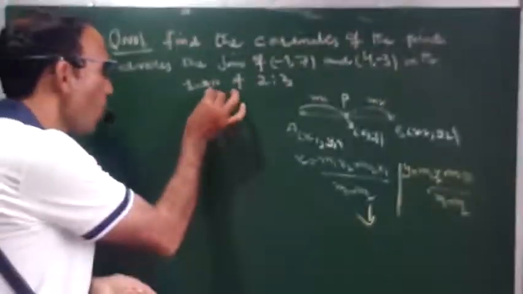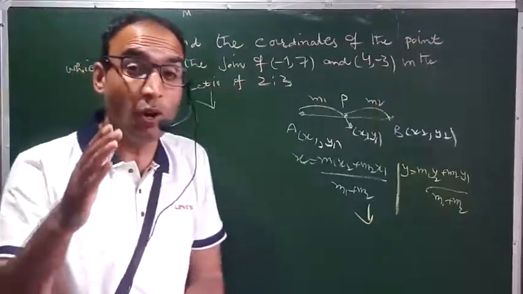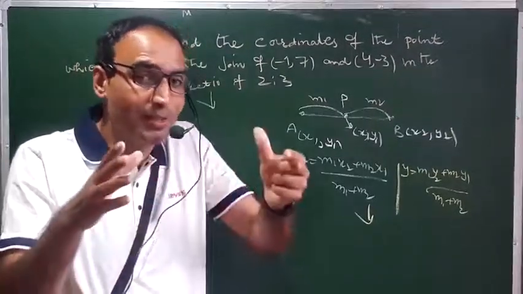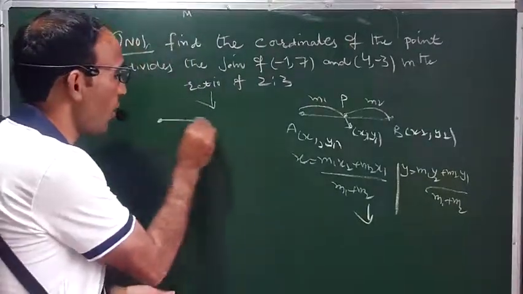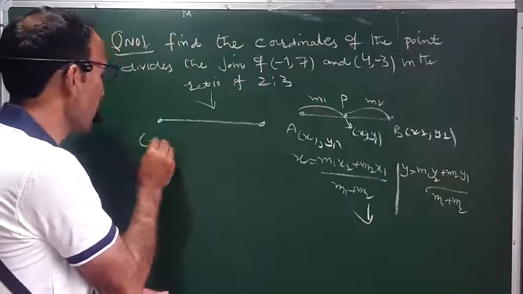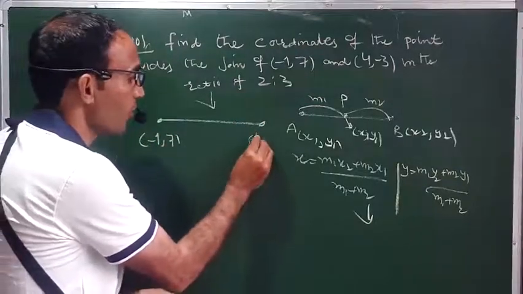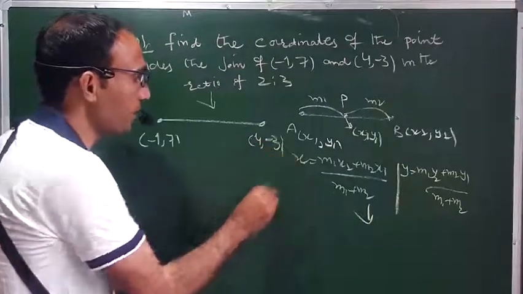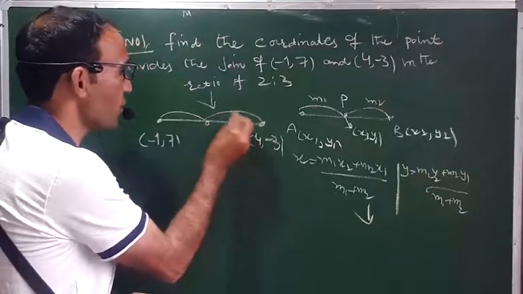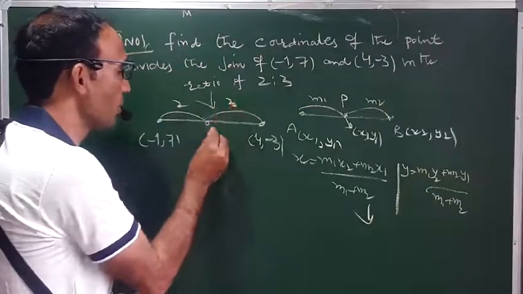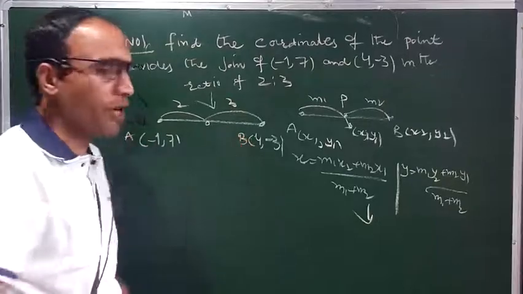We have to determine the coordinates of that point which divides the line segments whose coordinates are -1, 7 and 4, -3. Here the ratio is dear students 2:3. What we have to determine? We have to determine the coordinates of point of division.